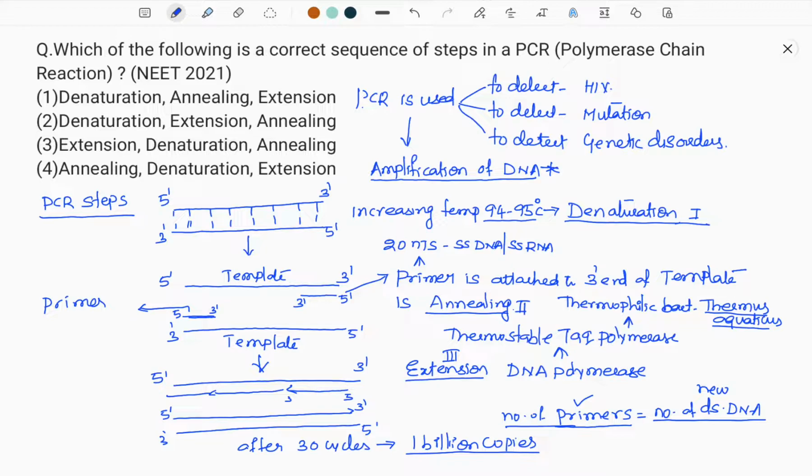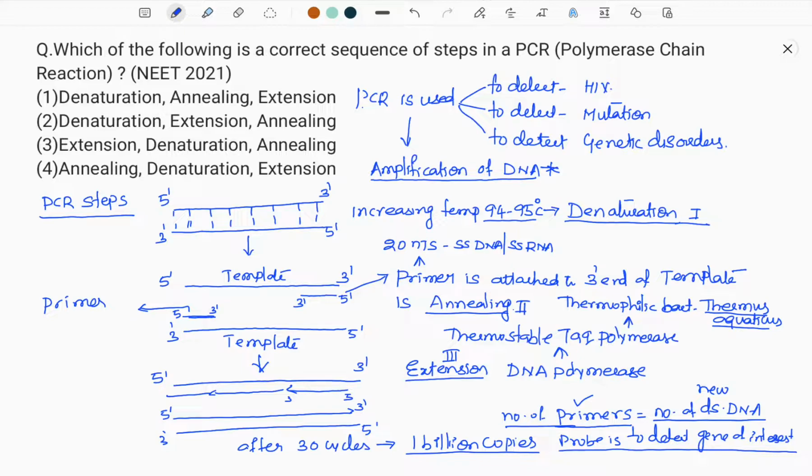So the probe is to detect the gene of interest, I write here. Probe is to detect gene of interest in colony hybridization technique. We will see in biotechnology principles, in selection of transformed cells, one subtopic, the last method is colony hybridization, where we make use of the probes.